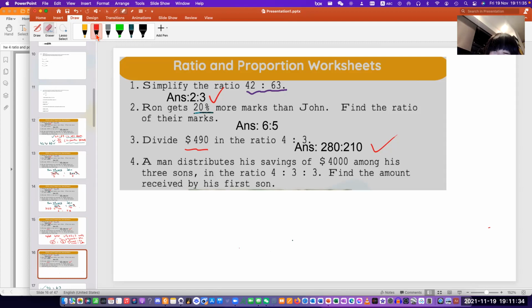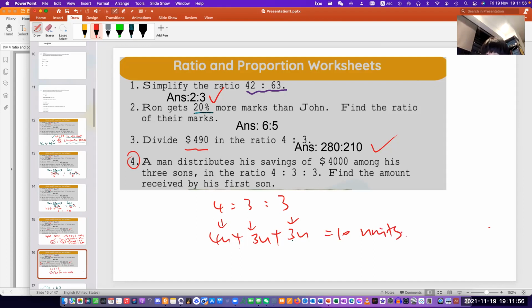All right, question 4. Question 4 says a man distributes his savings among his 3 sons in the ratio 4 to 3 to 3. So in fact, you are going to have 4 units, 3 units, and then 3 units. And if you total up this, you're going to get 10 units, right? So this man has $4,000.